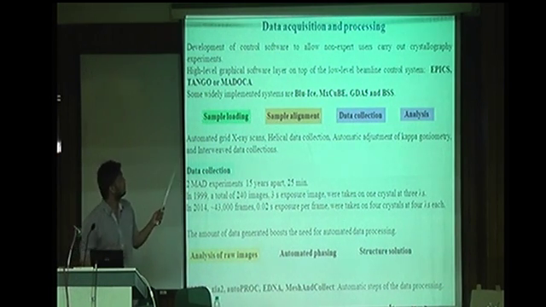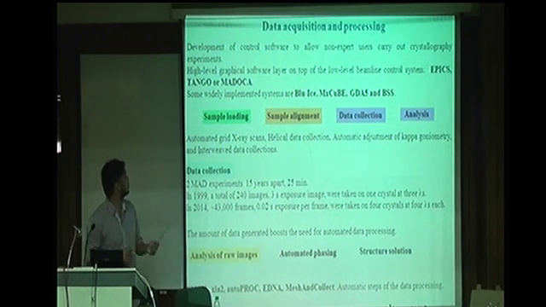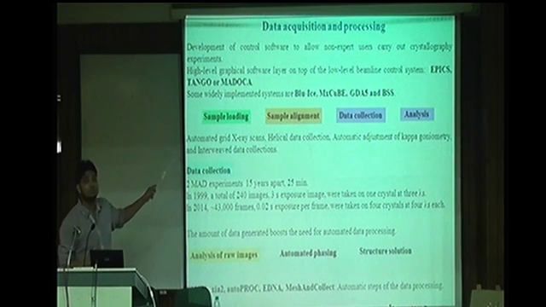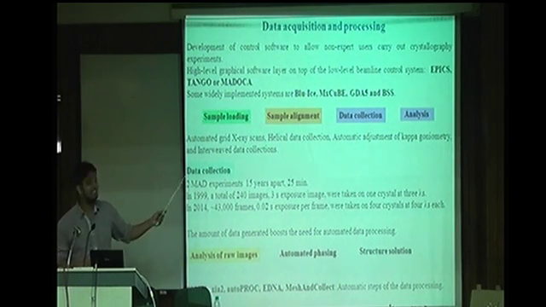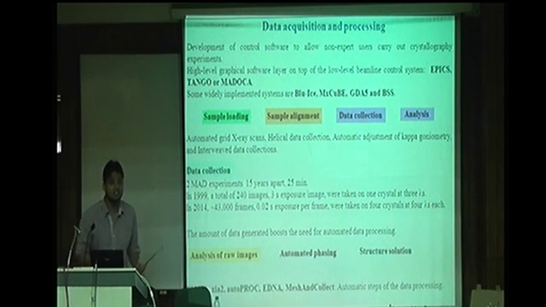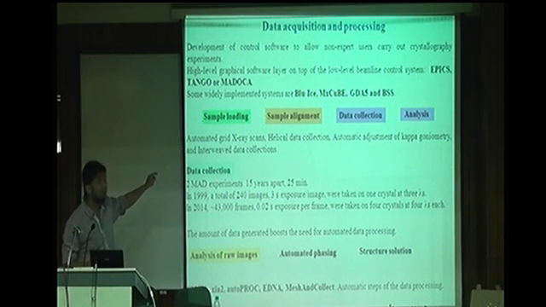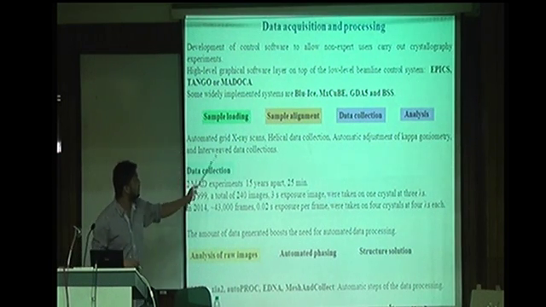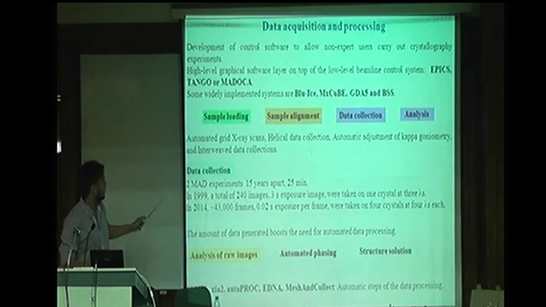A high-level graphical software layer on top of the low-level beamline control systems are Apex, Tango or Madoka, which have been implemented in systems like BlueIce, MXCuBE, GDA5 and BSS in certain synchrotrons. These systems can perform sample loading, sample alignment, data collection, and finally analysis of the data collected.